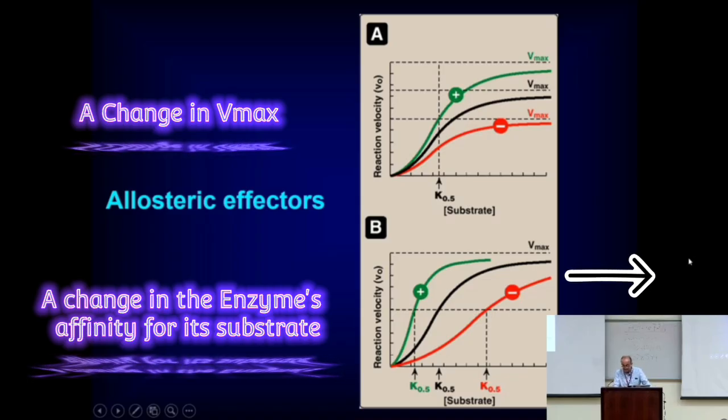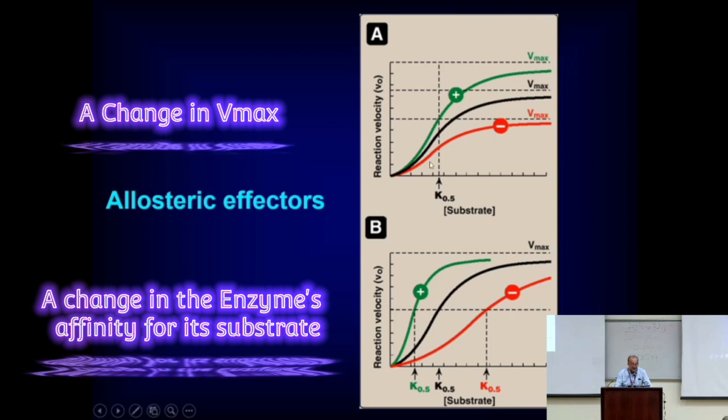So allosteric enzymes can be regulated by either A or B, not together. You can't regulate the same enzyme in both ways. You either change Vmax, like in A, or you change the affinity of the enzyme for its substrate by shifting the curve to the left or to the right.